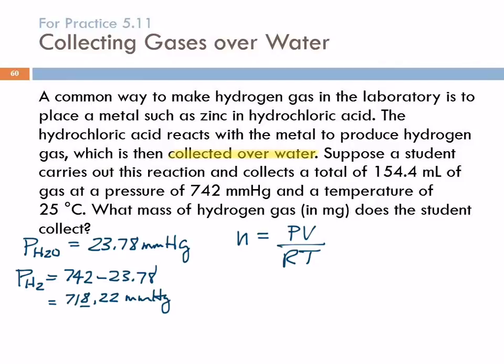I need to convert that, don't I? So times 1 atmosphere over 760 millimeters of mercury. Divide by 760: 0.94503 atmospheres.